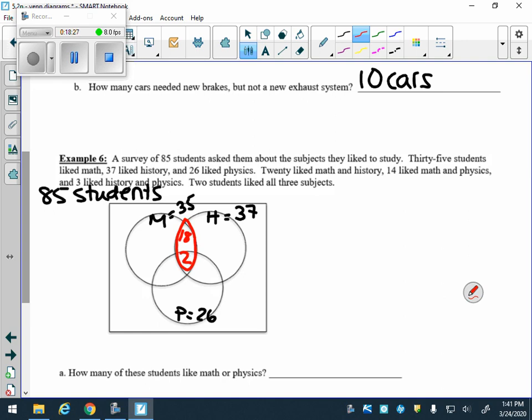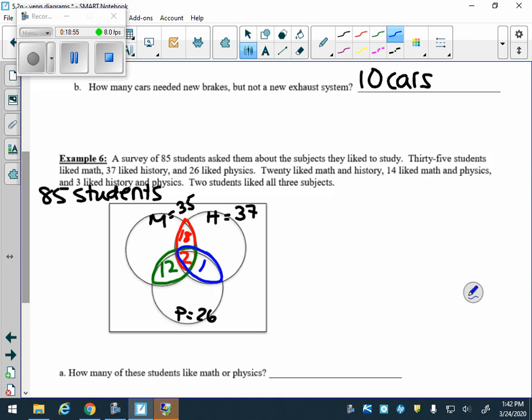Now we know 14 like math and physics. So this whole piece here in green has to equal 14. Well, we're already using 2 of it, so 12 is left over. Then we also know 3 liked history and physics. Well, we're already using 2, so 1 is left over.